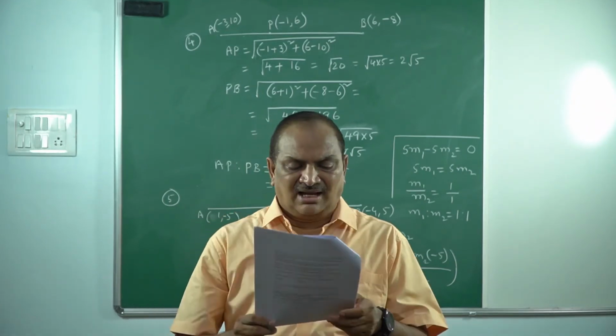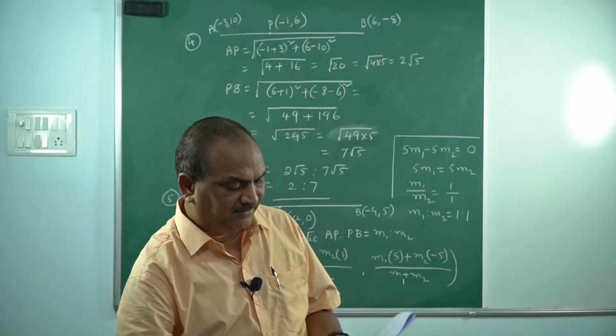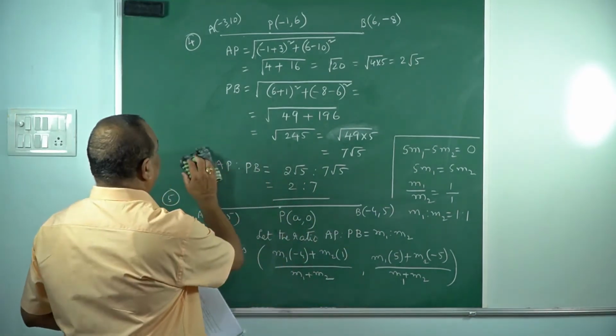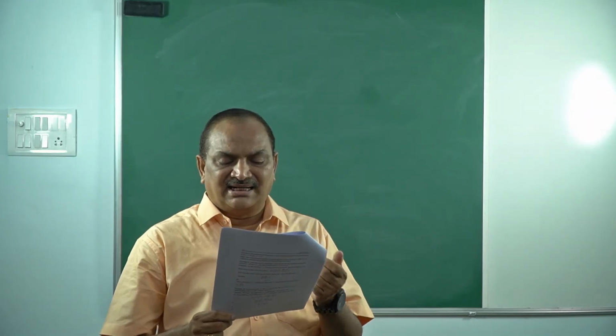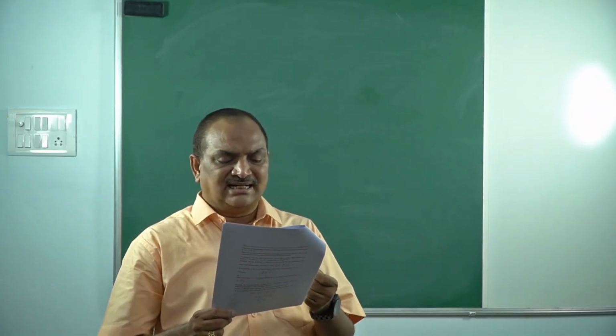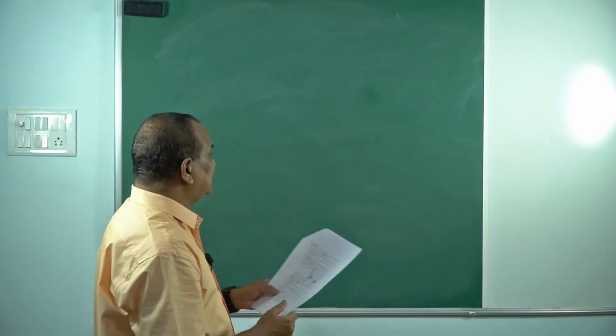And I go to 8th problem. This exercise 7.2. Find the coordinates of the point A, where AB is the diameter of the circle, whose center is 2, -3 and B is 1, 4. This is an easy problem.